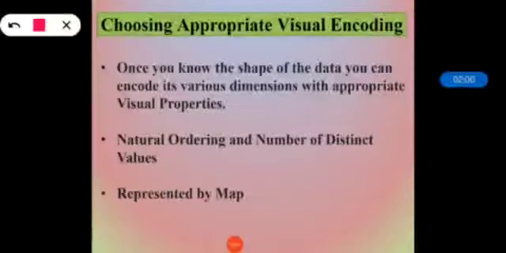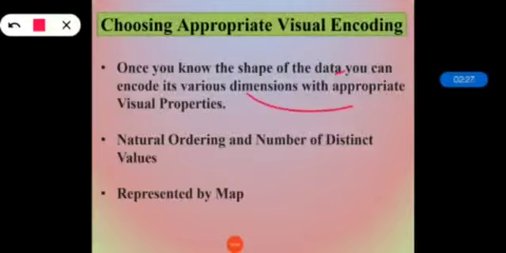Now for that, it is necessary to choose the appropriate visual encoding. Once you know the shape of the data, you can encode its various dimensions with the appropriate visual properties. Different visual properties can be modified in different ways, which makes them good for encoding different types of data.